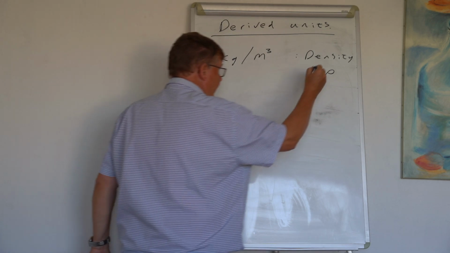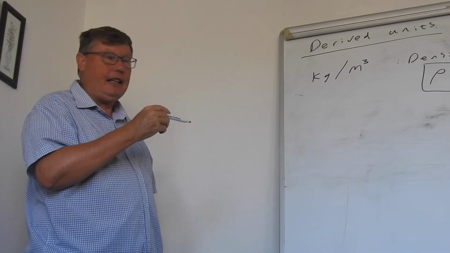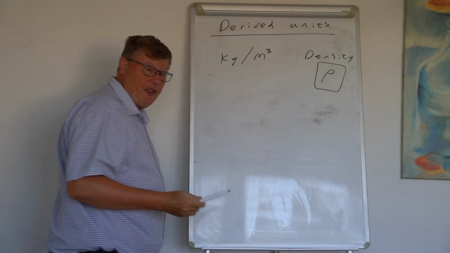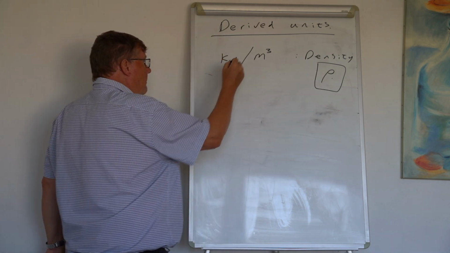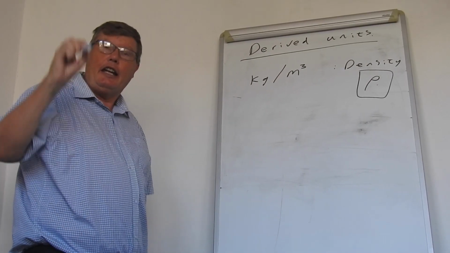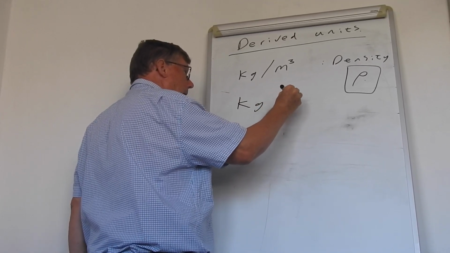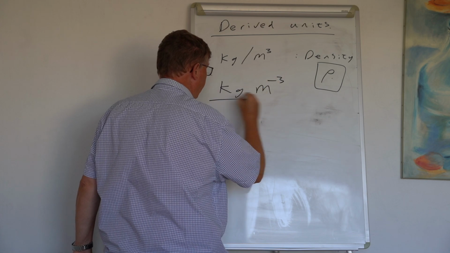And the symbol for density is not a P, it's a Greek letter rho. And this is also used a lot for different things in physics, very confusing, but there you go. That's a rho. Kilograms per cubic meter. It can also be written, and this is what you've got to realise, as kg m to the minus 3.